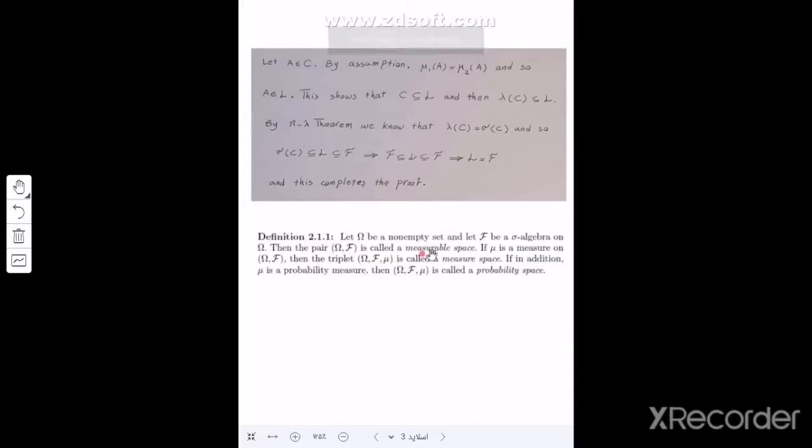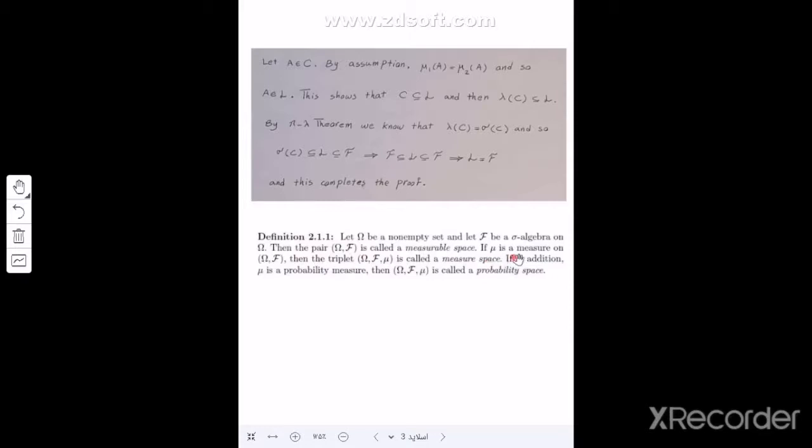Let omega be a non-empty set, F be a sigma algebra on omega. We know that the pair omega and F is called a measurable space. Notice, measurable space, this pair.